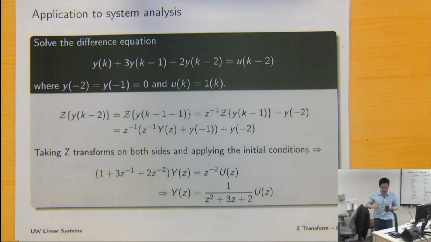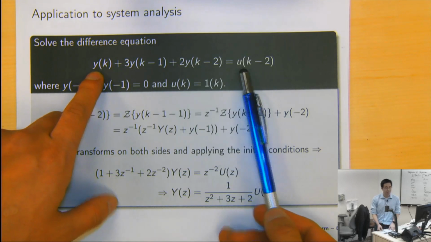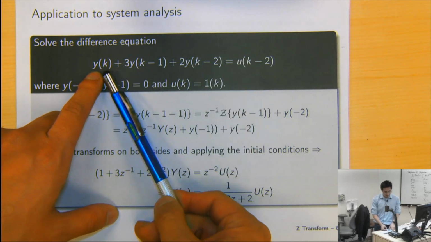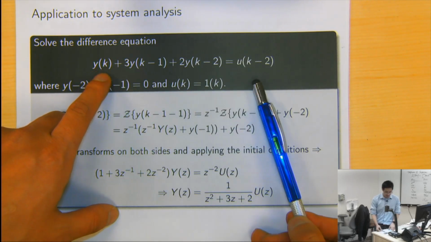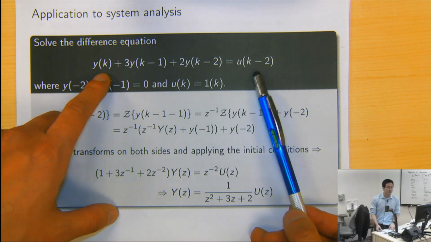Let's use the technique to solve a difference equation. The output depends on the input. It doesn't directly depend on the input at time k. It depends on the input applied 2 steps back.